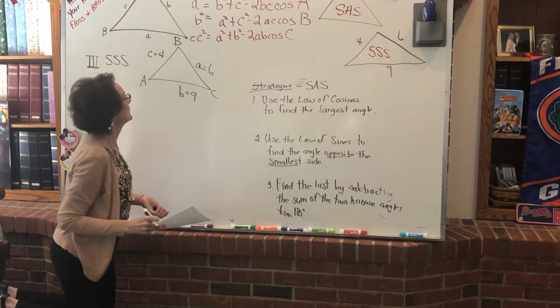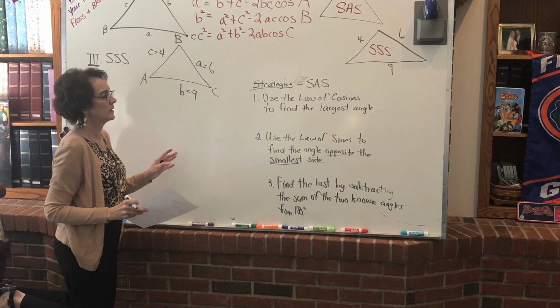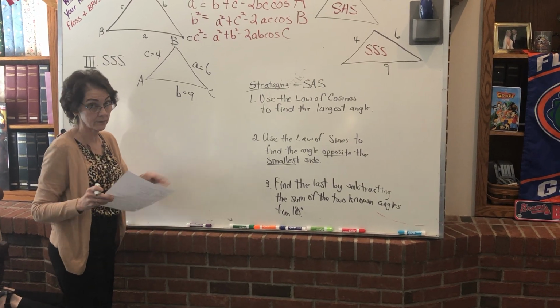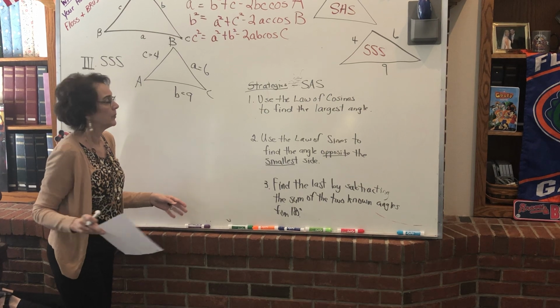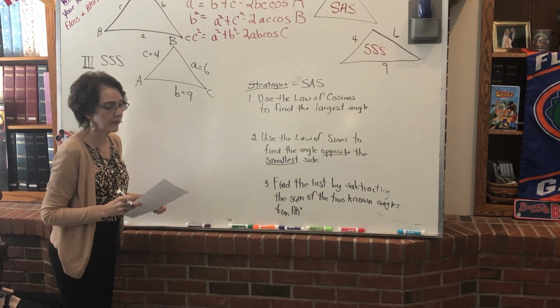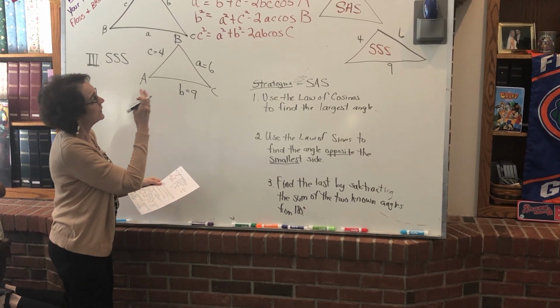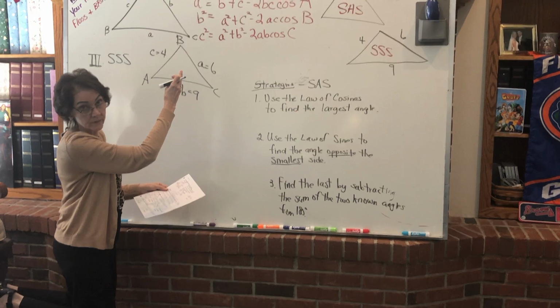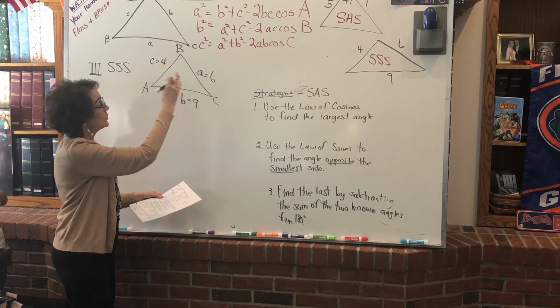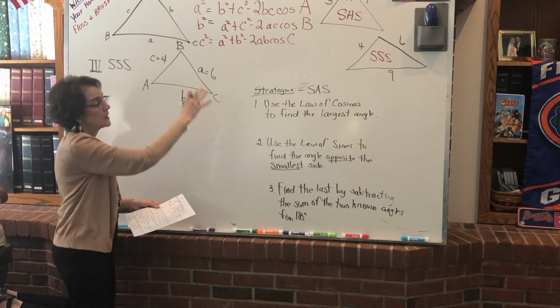Well, if you try to find another one, you actually can end up with some wrong answers. But if you find the largest angle first, you're going to be good to go. Now think about, we're going to end up doing inverse cosine to get the angle. We are going to use the law of cosines, but we're going to find an angle this time.